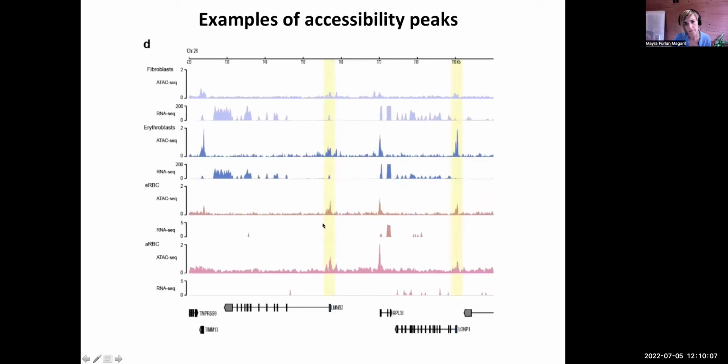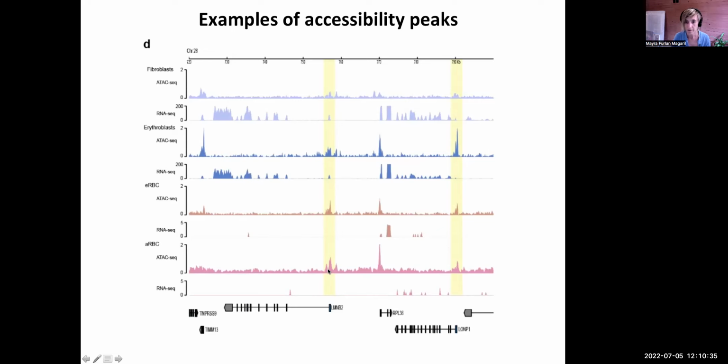And when looking closer in the genome to where these peaks are located, we could see that in quite a bit of instances, we saw accessibility located at gene promoters of genes that are not being transcribed, as you can see here and here, for the embryonic and the adult red blood cell.